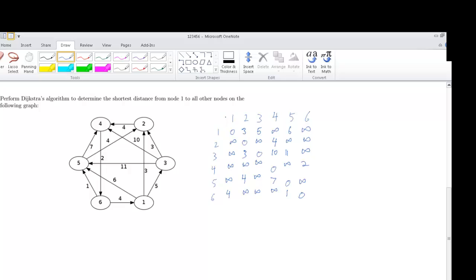So now we have our representation in the form of an adjacency matrix, so we understand where each node can go to and the weight associated.